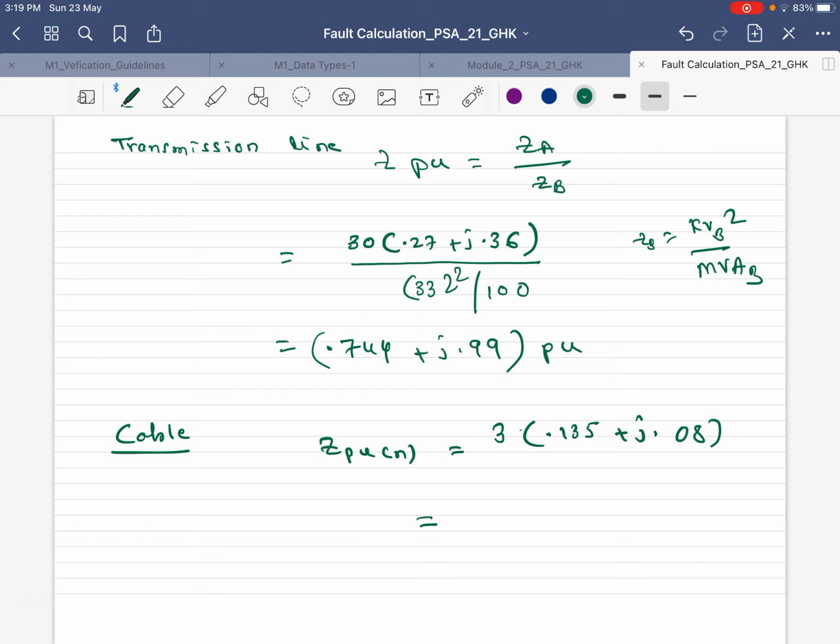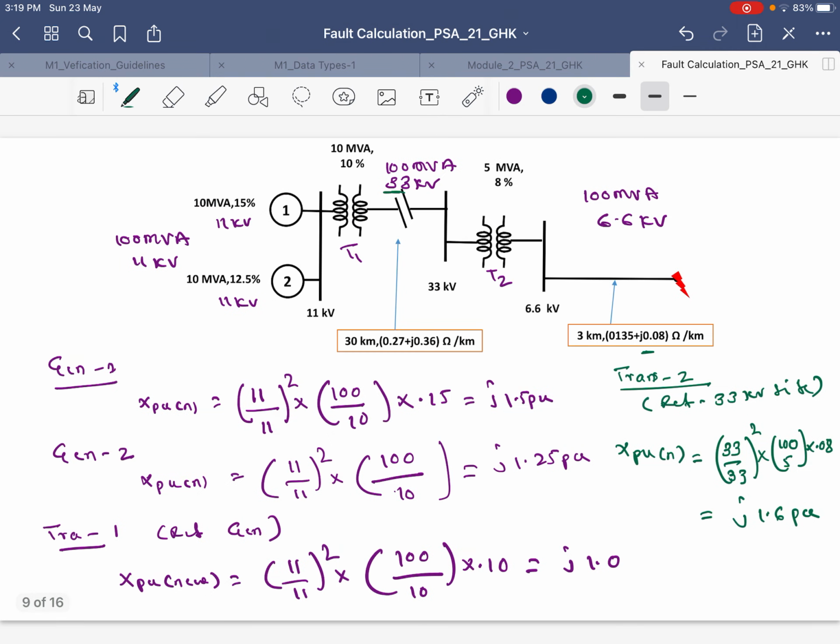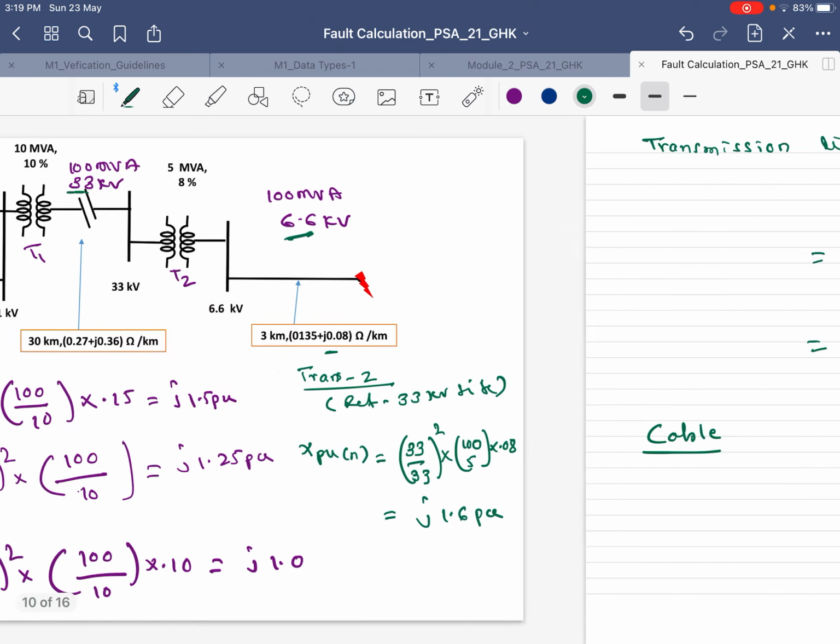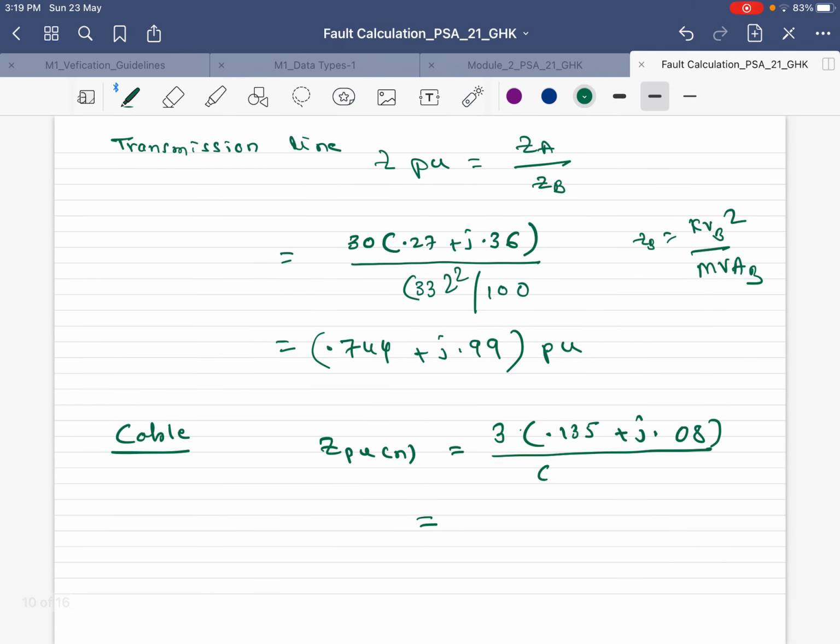The Z per unit is the actual value divided by base, KVB square. The base voltage in the cable side is 6.6 kilovolts. Therefore, 6.6 square, MVAB is 100. What I am getting here is 0.93 plus j0.55 per unit, the impedance of the cable.